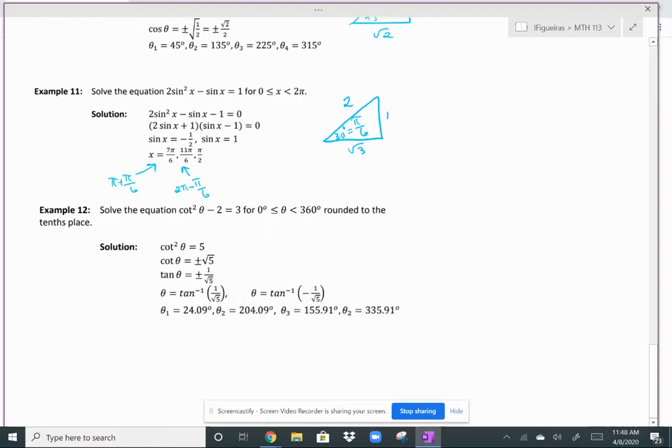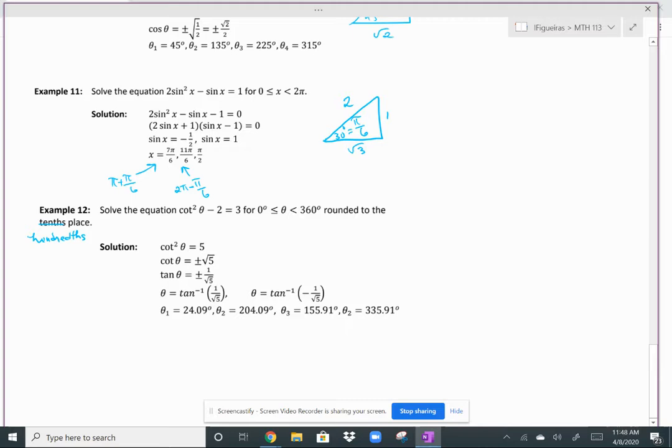Okay, last one. We want to solve the equation cotangent squared of theta minus 2 equals 5 for angles between 0 and 360, and we're going to round to the hundredths place. Okay. So we have cotangent squared of theta.